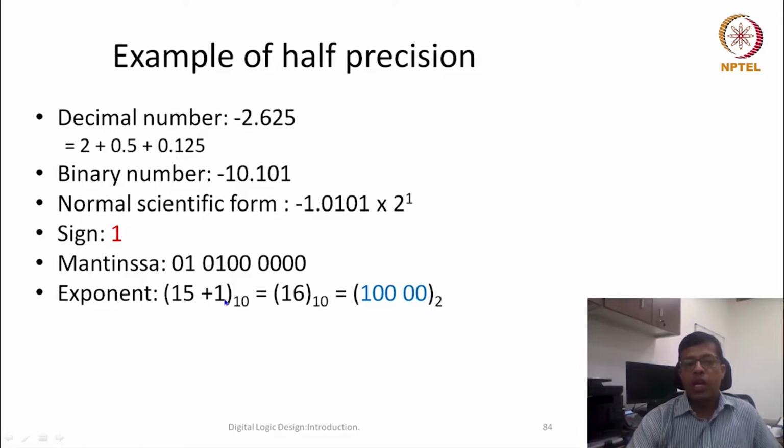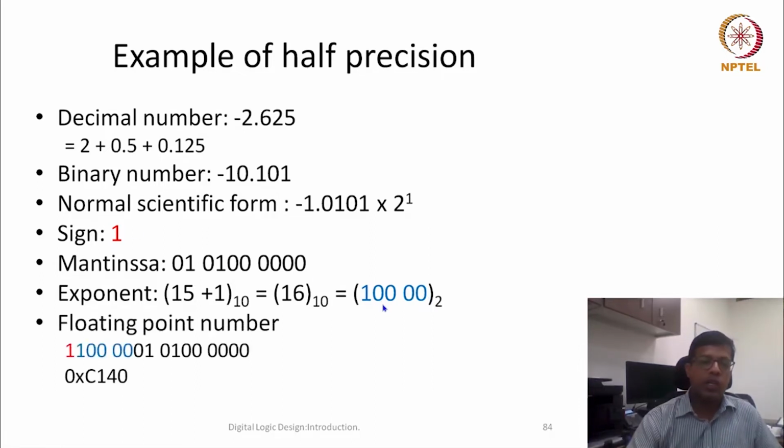Then we can combine all the sign, mantissa and exponent bits and then get our floating point number. So that means 1 here and then 10000, and then the mantissa bits 01, 01, 00. Again I would like to emphasize that whenever we are writing a number in this way, if we write in groups of 4, then converting into hex would be easier for us.